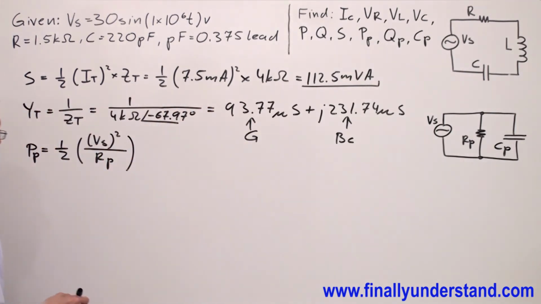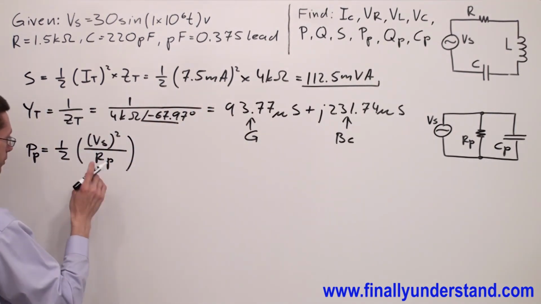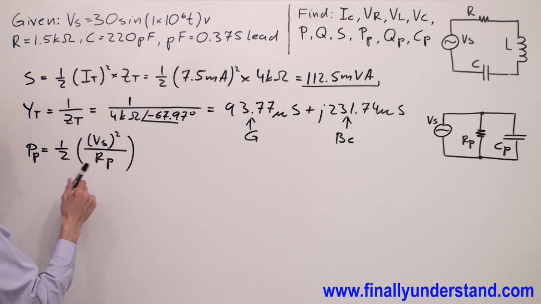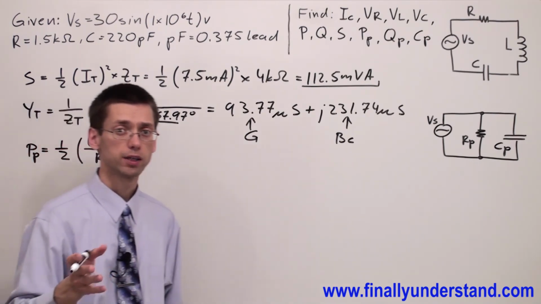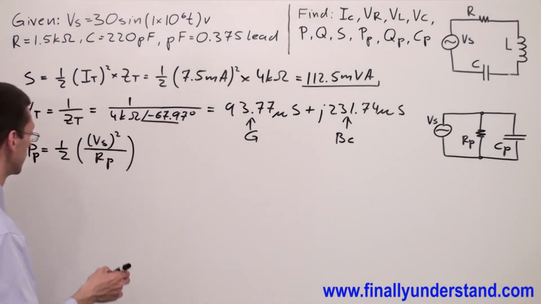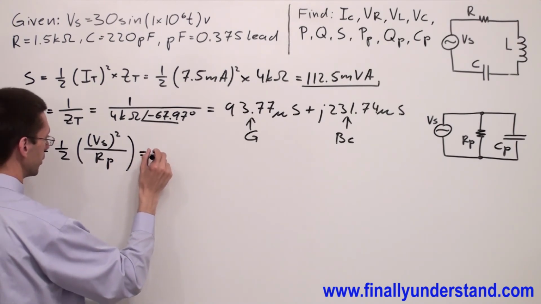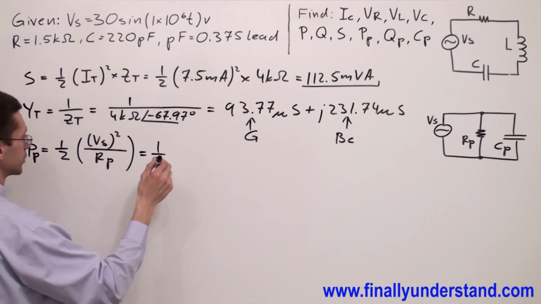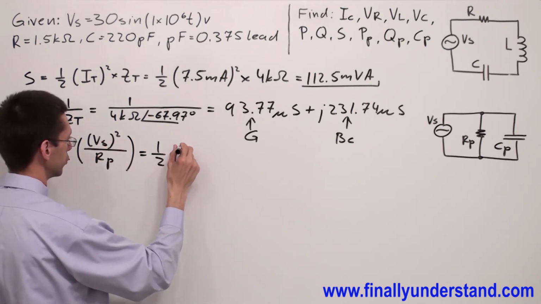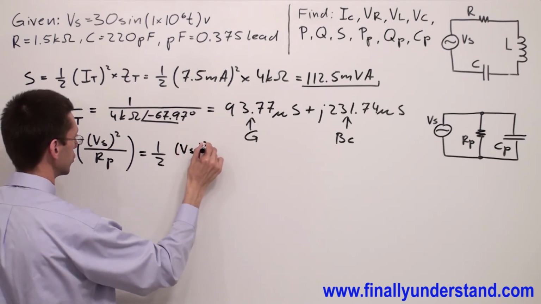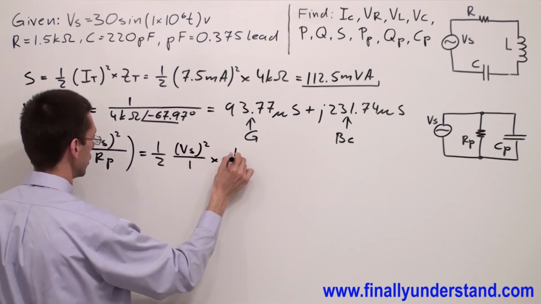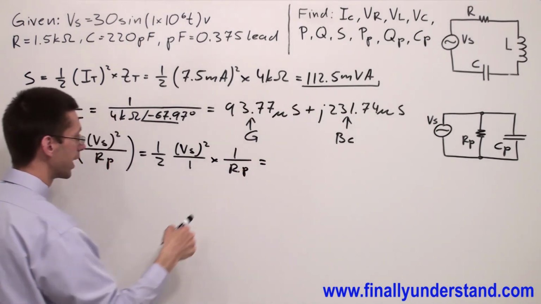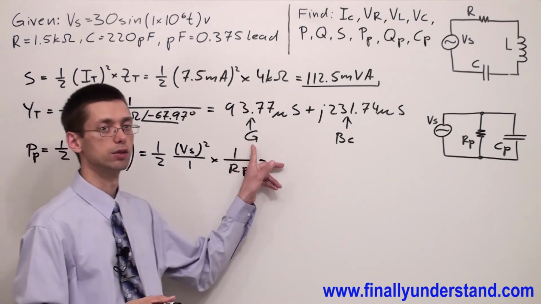Now, but please notice that we didn't find the resistance. Someone is going to say, oh, but we didn't find the resistance. We're supposed to find the resistance. Actually, we don't have to find it. If you want to, you can, but you don't have to. You have to just keep in mind that we're supposed to copy down 1/2 and rewrite this fraction as the product of two fractions, voltage source raised to the second power over 1 times 1 over Rp, where 1 over Rp is nothing else, just the conductance.